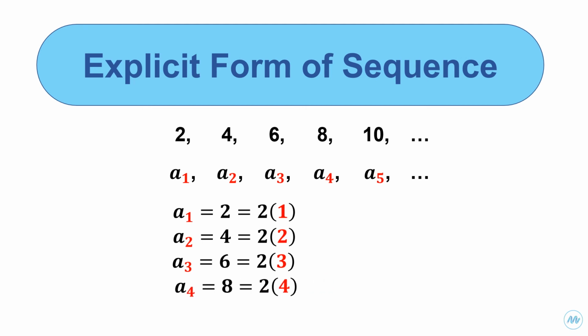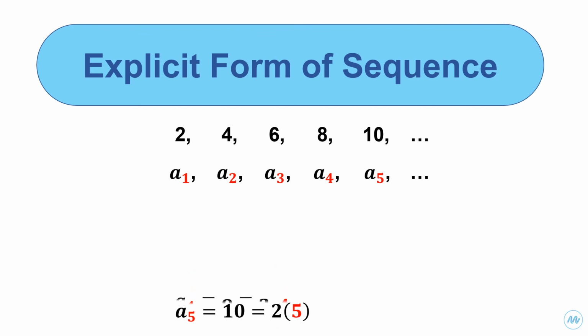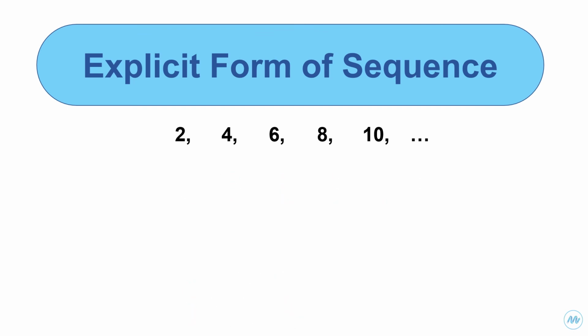The fourth term 8 is 2 times 4. And the fifth term 10 is 2 times 5. The pattern is now clear. Simply multiply the cardinal number by 2 to find the nth term.